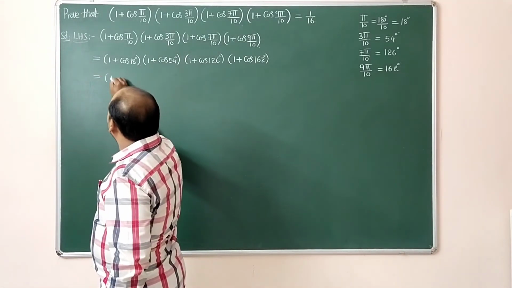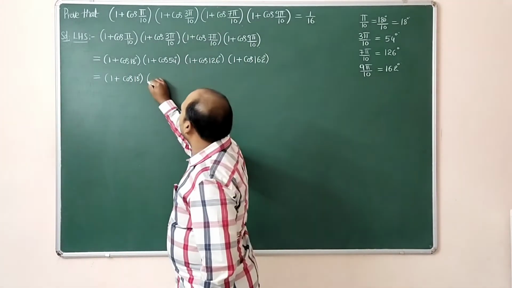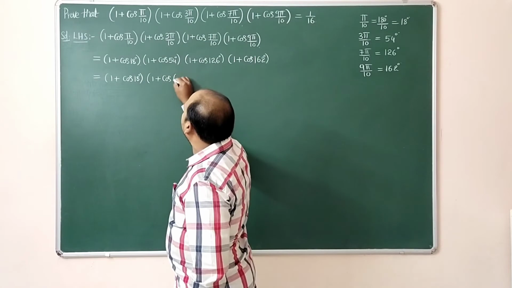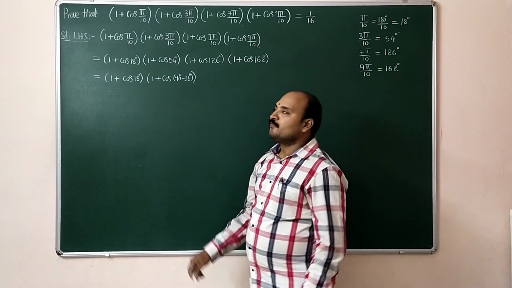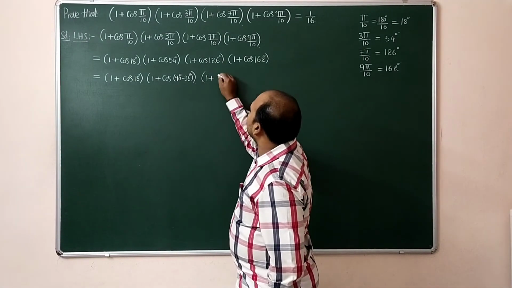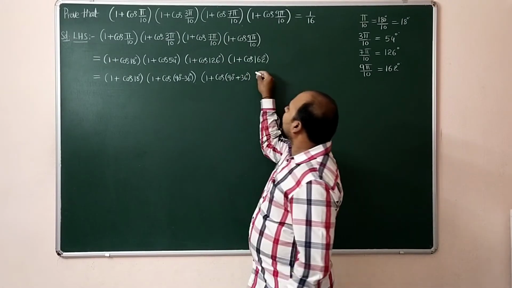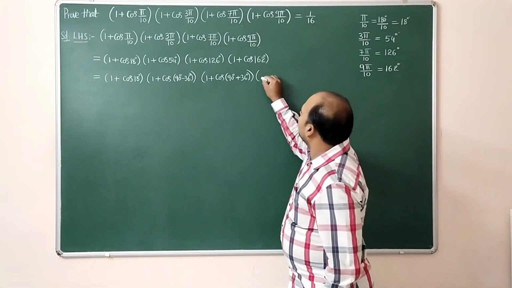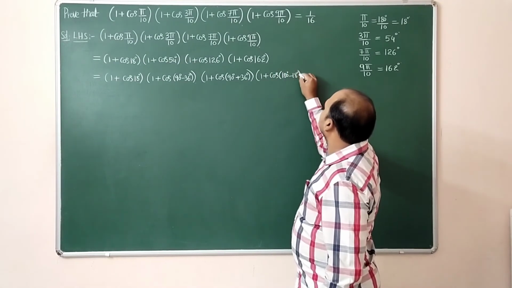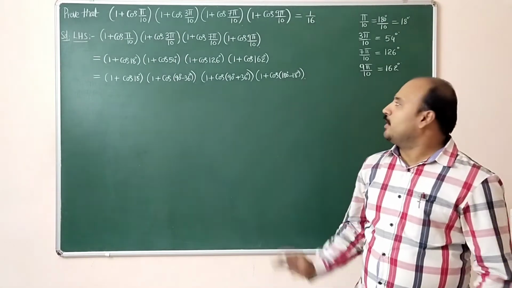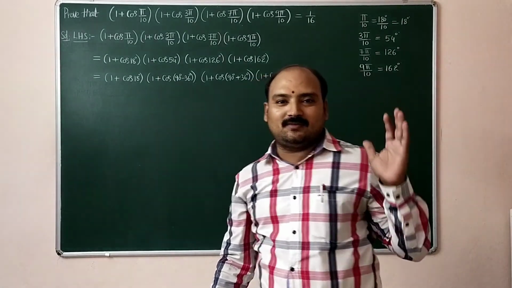So, 1 plus cos 18. 1 plus cos 54 can be written as 90 minus 36. 1 plus cos 126 can be written as 90 plus 36. Last one, 1 plus cos of 180 minus 18. So nearby values of either 90 or 180, we wrote here.